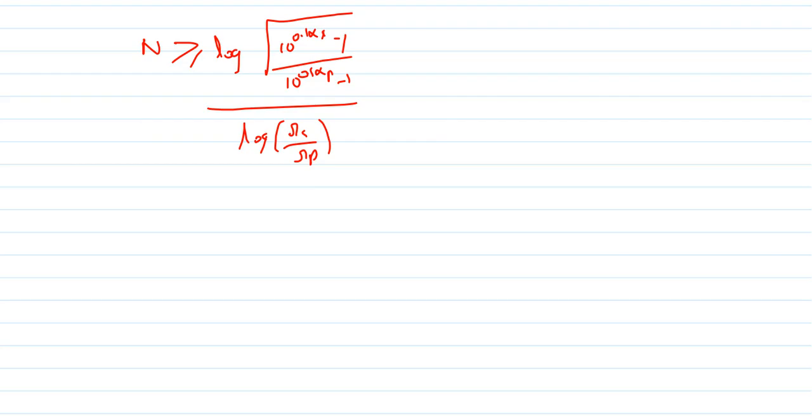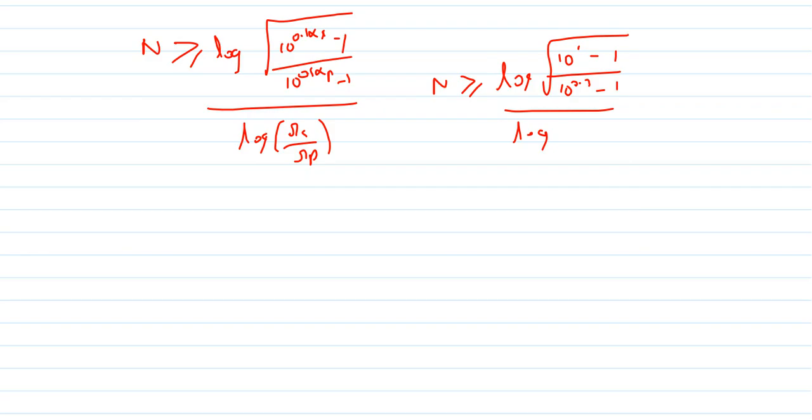Okay, so n should be greater than or equal to log of square root of (10^(0.1αs) - 1) divided by (10^(0.1αp) - 1), divided by log of 7265 by 2235.